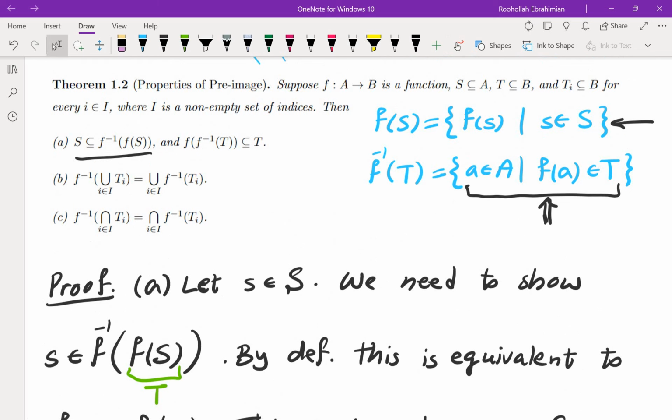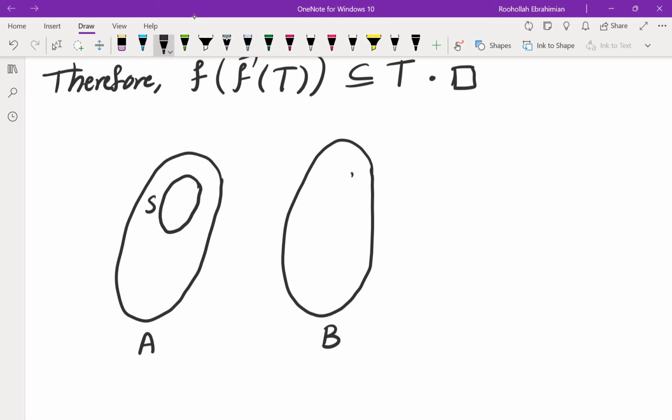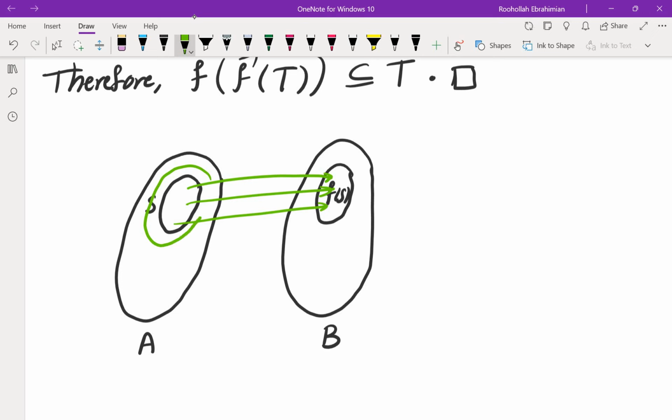It says if you take f of S and then take f inverse of f of S. If you look at all of the elements that are mapped to f of S, you can certainly see that all of S is going to be in that set. But there could be more. There could be some other elements that are also mapped to some elements of f of S. So this would be f inverse of f of S, which is why S is inside that set.